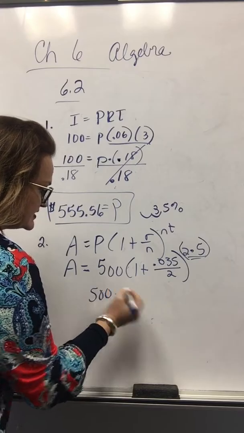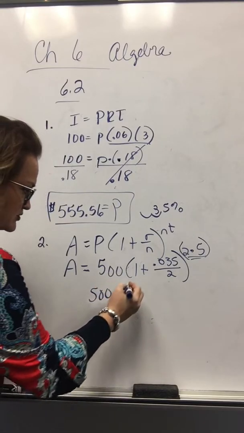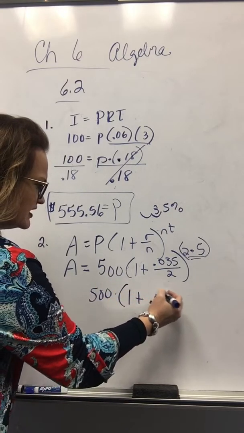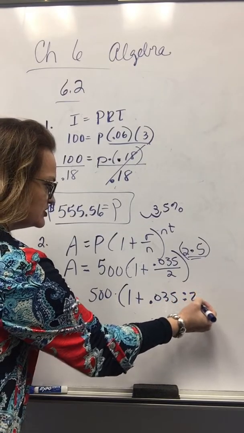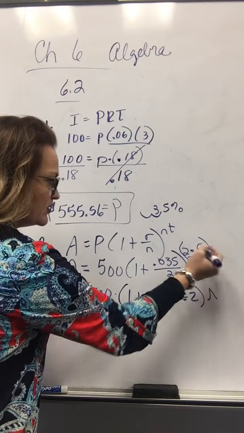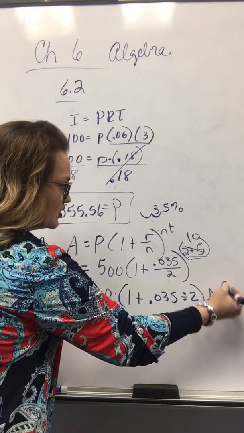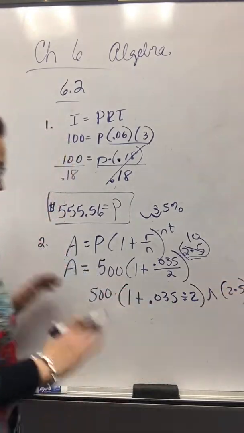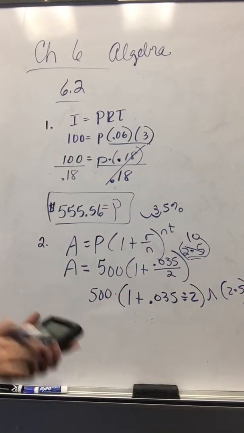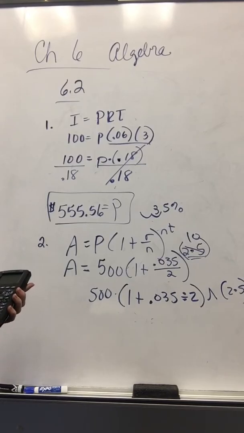Then type away: 500. Some of you have to put the times sign there, some do not. I think most don't. Then do 0.035 divided by 2, and then up arrow. Either go ahead and call that 10, or do 2 times 5 in parentheses. Either way, you'll get the right answer. Let me tell you what that should be. Sorry, I should have had this worked out already.